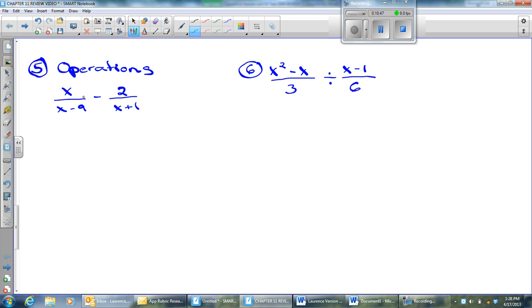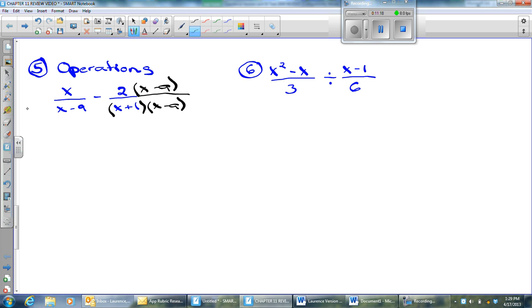So when we're adding or subtracting, we have to get common denominators. So I cannot manipulate the denominators in any way to make one the other. But I can multiply this by x plus 1, and this by x minus 9. And if I do it to the denominator, I have to do it to the numerator too. X minus 9.